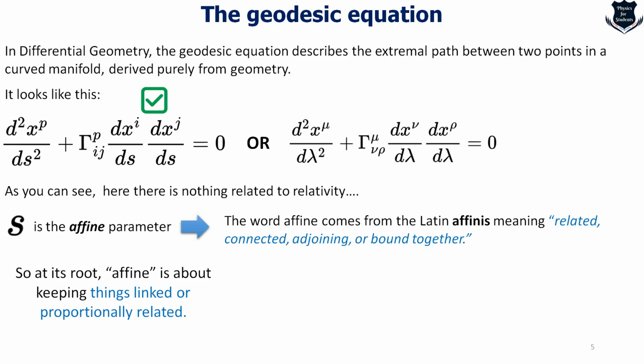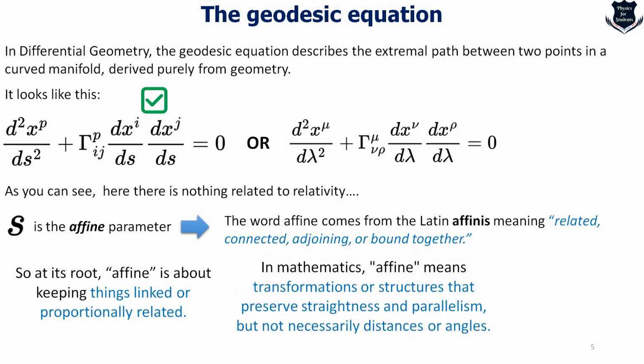So the word affine is something which is related to, linked or proportional to. In mathematics also, affine connection, affine parameter etc. mean transformations or structures that preserve straightness or parallelism but not necessarily distances or angles. So what is an affine parameter? In simple words, it is basically a ruler you use to march along a curve.